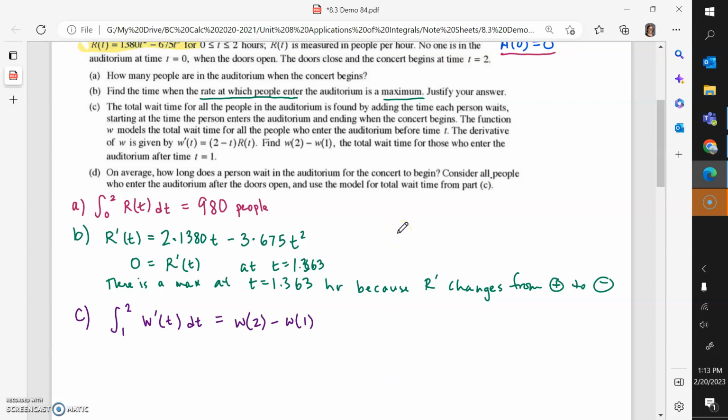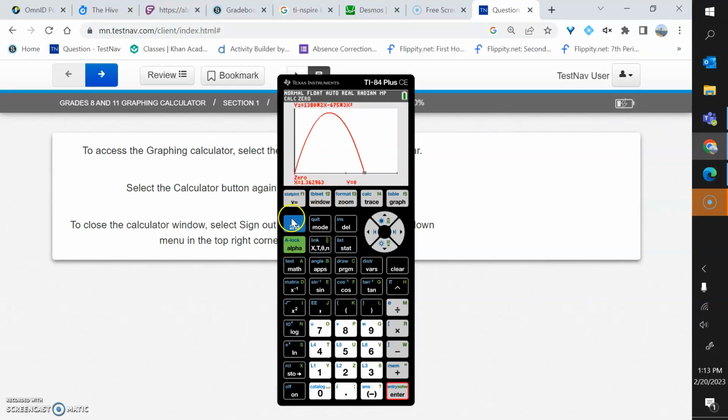So we can grab our calculator and do that integral. We already have stuff saved on our calculator, so we can do the math 9 again. And we want to this time go from 1 to 2 because they told us to. And then we're going to do our vars, y vars function. We're doing y1 again. We now have another function, but we don't want the derivative.